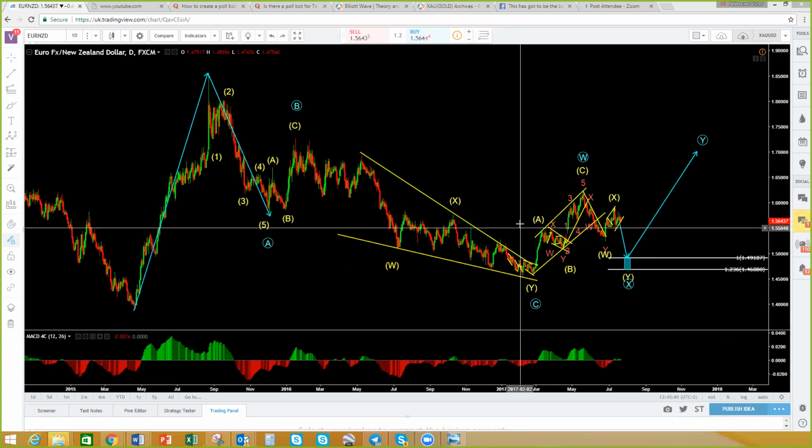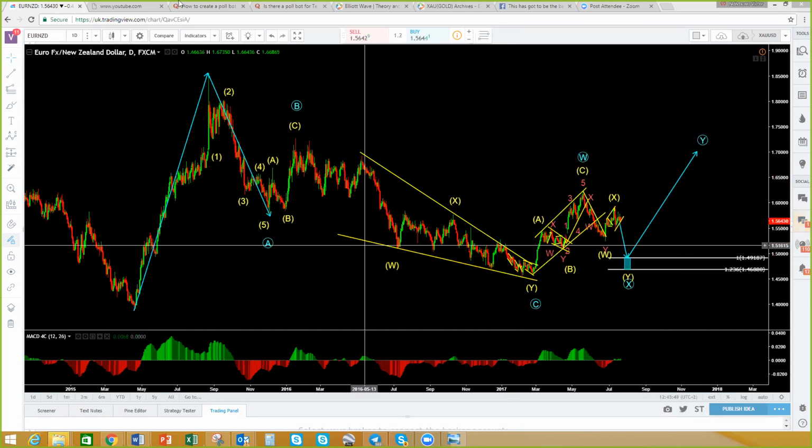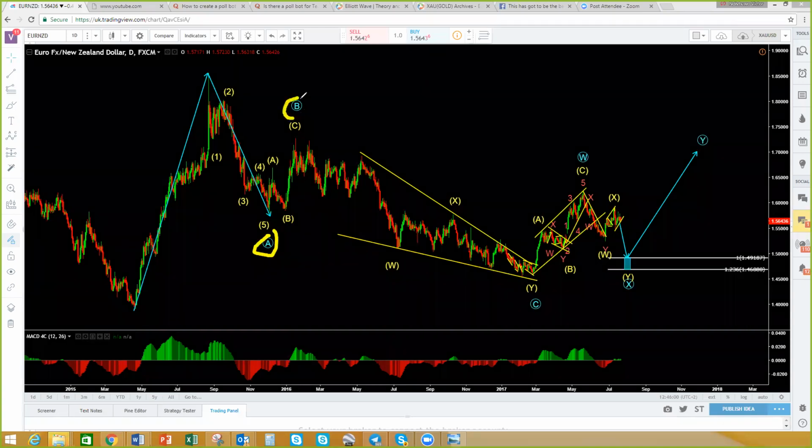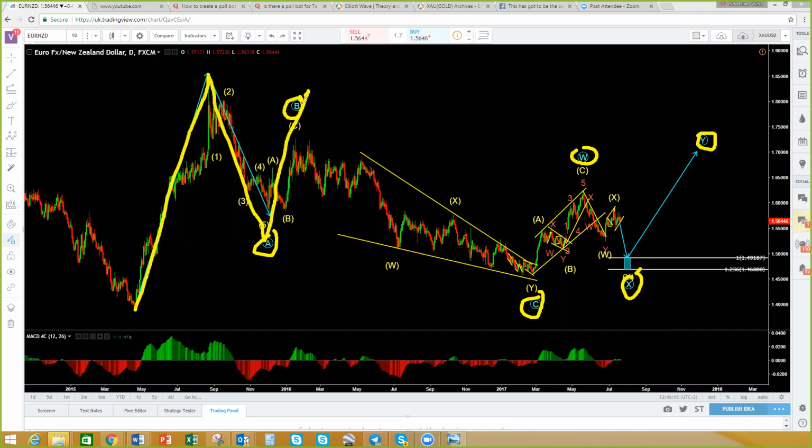Okay, so we're back on, just a slight break in transmission there, but we're back online. So let me just draw what I had put on before, the drawings that I had previously. We identified this correction A, B, C, W, X, Y. That was our impulse initially, and then it corrected with an A, B, C right there.